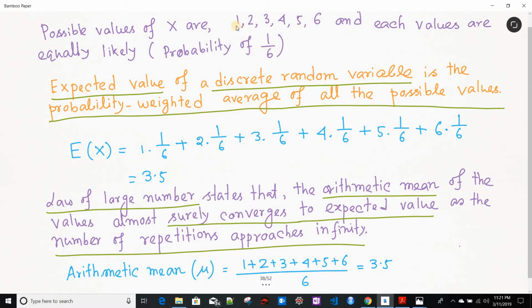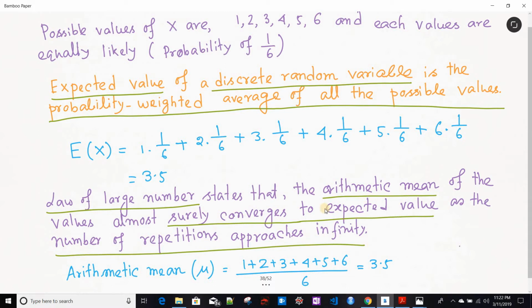If I multiply each possible outcome by 1/6 and sum them up, we get the expected value, 3.5, which is exactly the mean value. So we can think of the expected value as an estimation of the mean value of a large number of experiment outcomes, or a large number of values of a particular random variable.